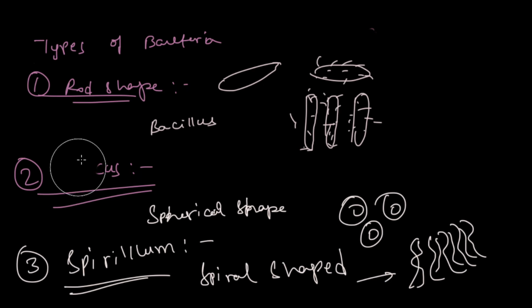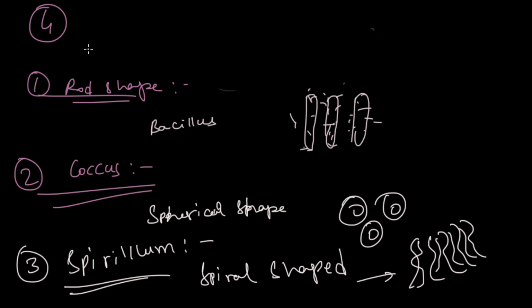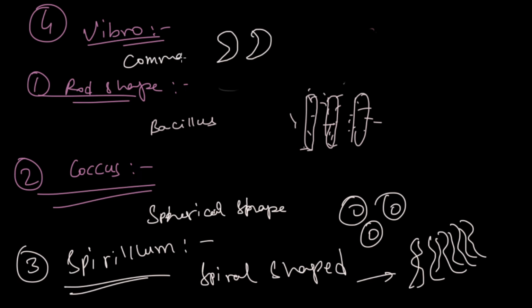And the last one, I'll write it a little down here, is vibrio. Vibrio is the comma shaped bacterium, like this. These are the four types of bacteria classified based upon their shape.